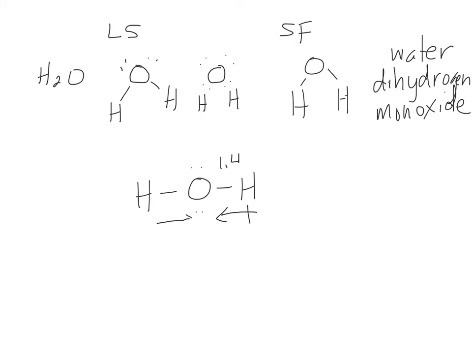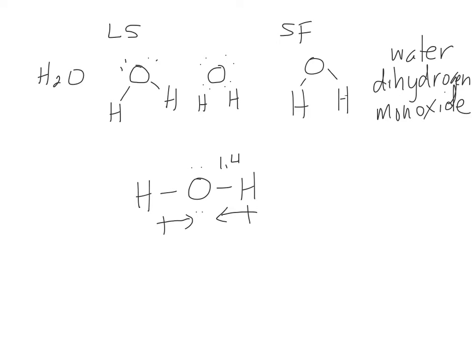So then this one will go in that direction. Now, you haven't had much physics yet. We call these vectors. And what happens with vectors is you add them up.